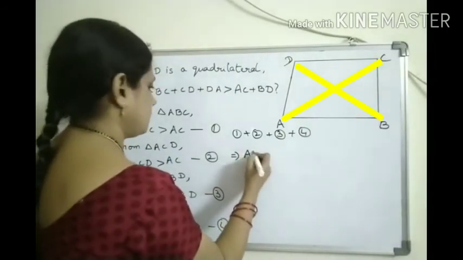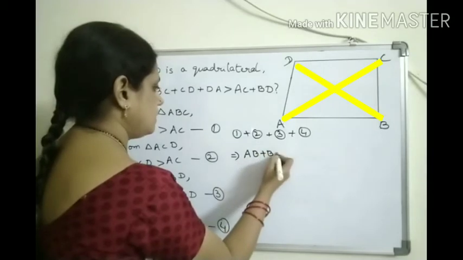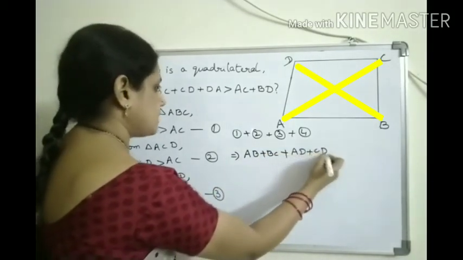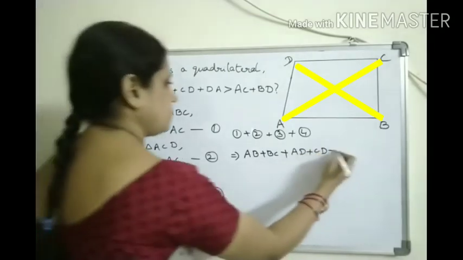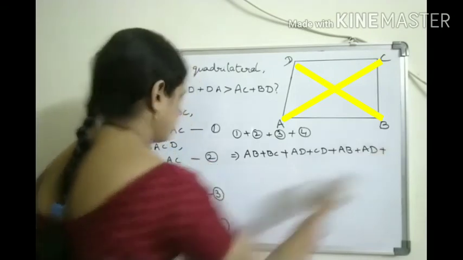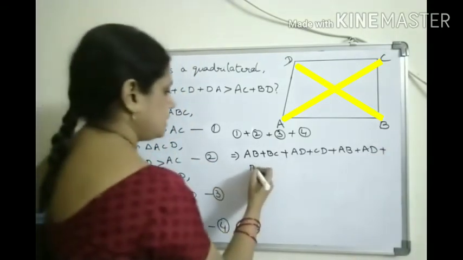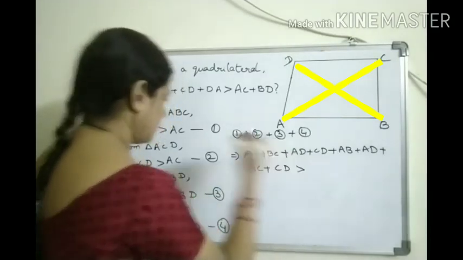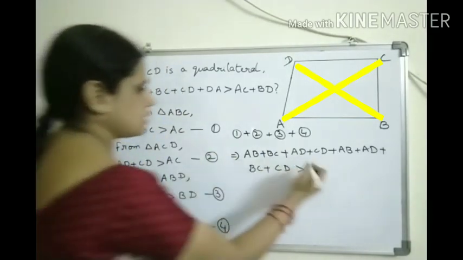AB plus BC plus AD plus CD plus AB plus AD plus BC plus CD greater than all the RHS.